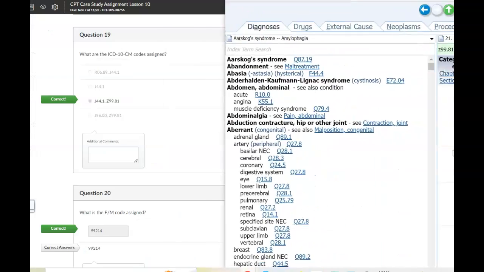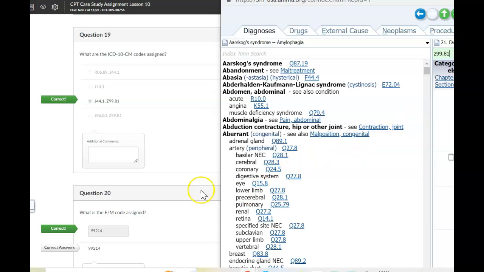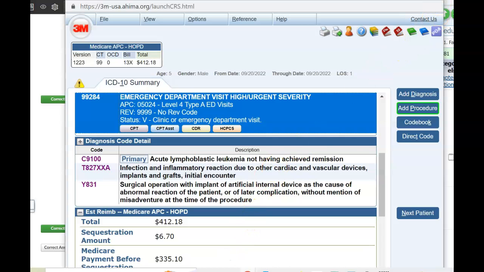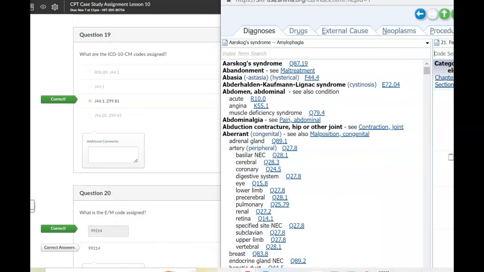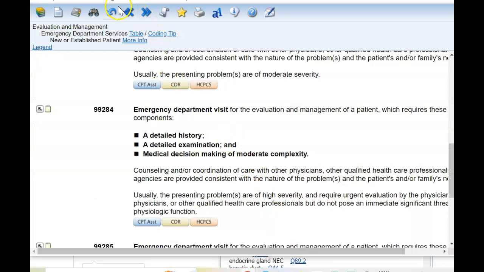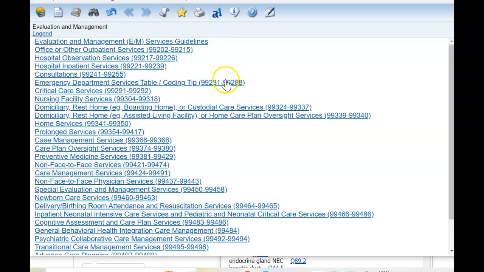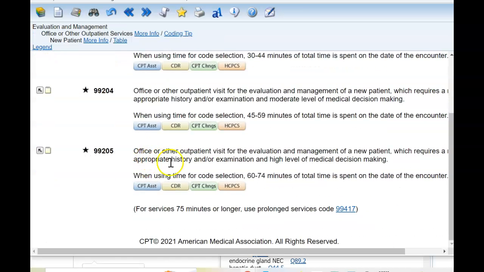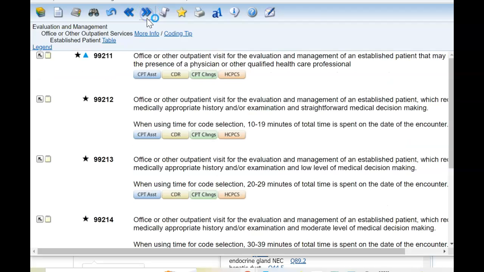Okay, the other thing is with the E&M code, let's go ahead and look at that. I'm going to pull that down because we didn't need to do APCs here. So we want the E&M codes. And remember with the E&M codes, she has been seen here before.